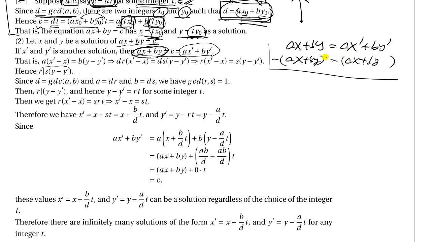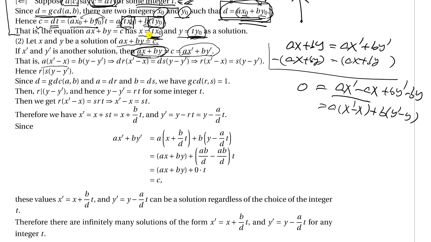Then the left-hand side becomes 0, right? And on the right-hand side we have ax prime minus ax plus by prime minus by, right? That's how we got this one.